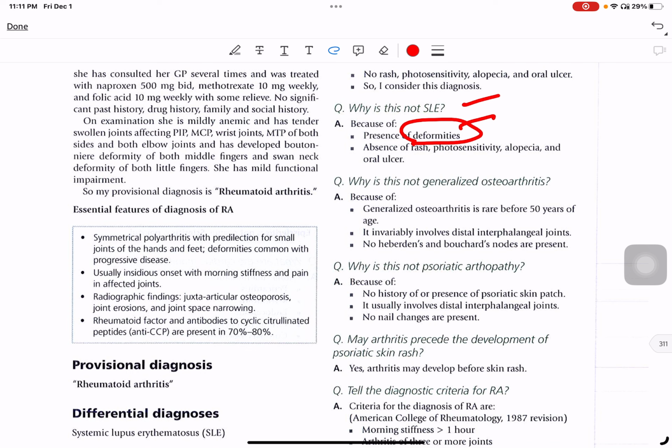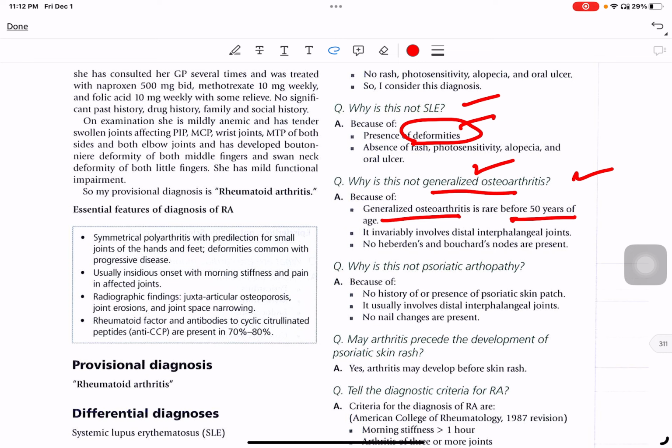So there may be a question: why is it not generalized osteoarthritis? Most important is that osteoarthritis commonly occurs above the age of 50 years. The patient is young, so it is not generalized osteoarthritis. Then in osteoarthritis, pain is mechanical in nature, that is, activity increases the pain.